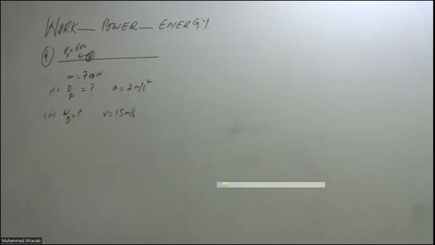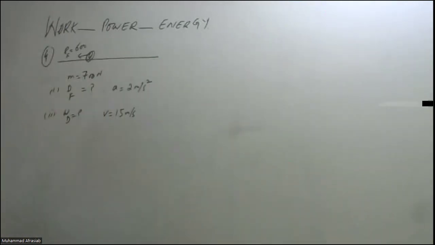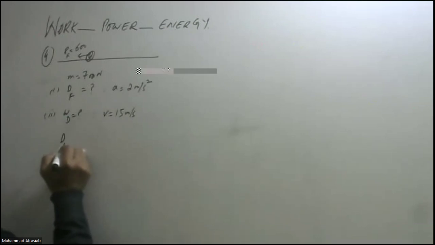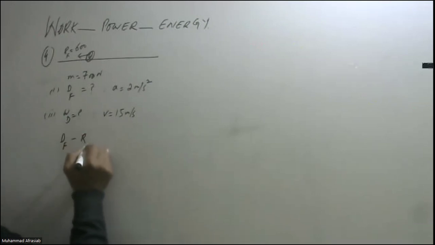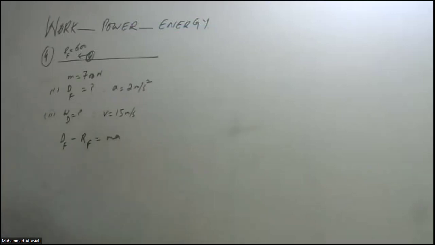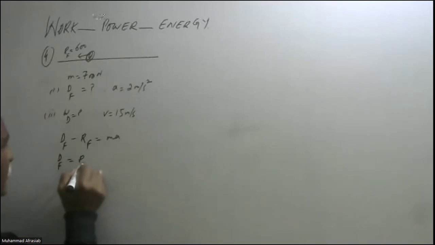Since it is moving on a horizontal surface, driving force minus resistive force is equal to ma. We are going to calculate the driving force, which is equal to resistive force plus ma.